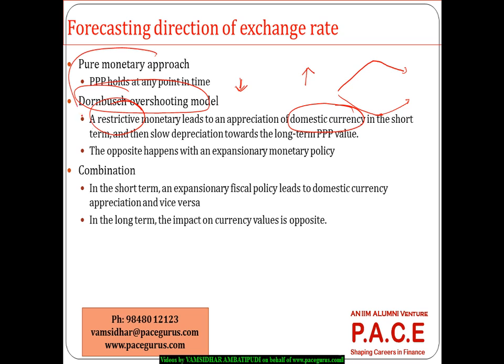Whereas when these two are combined, I could clearly make out that in the short term, with any expansionary policy, the domestic currency appreciation happens, whereas with the contractionary policy, the depreciation is going to happen. Whereas in the long term, any expansionary policy will lead to depreciation of the currency, and the contractionary policy could lead to the appreciation of the currency. So that is one thing which we could see from here.